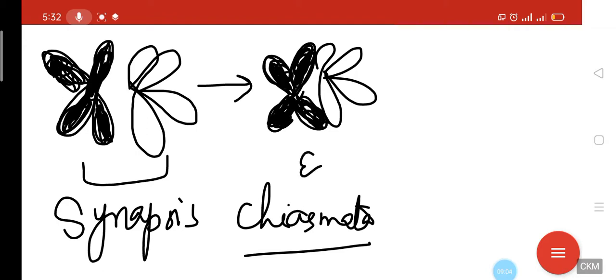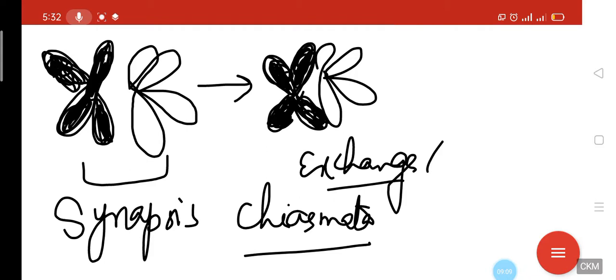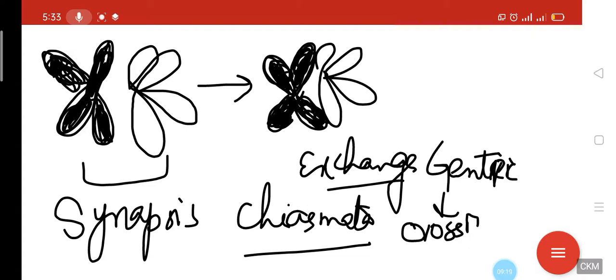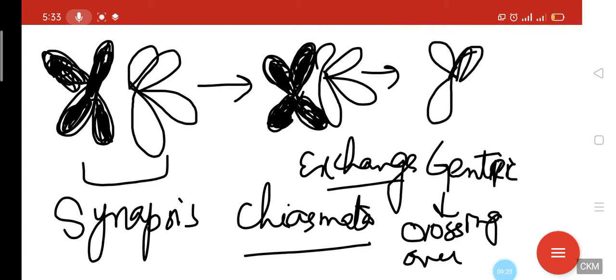After the formation of the chiasmata, as I told you before, the exchange of genetic material will occur, and this exchange of genetic material is known as crossing over. Now, how is the crossing over going to result? Let's suppose this is one chromosome.